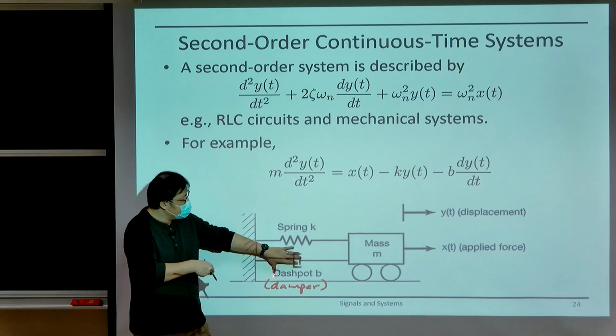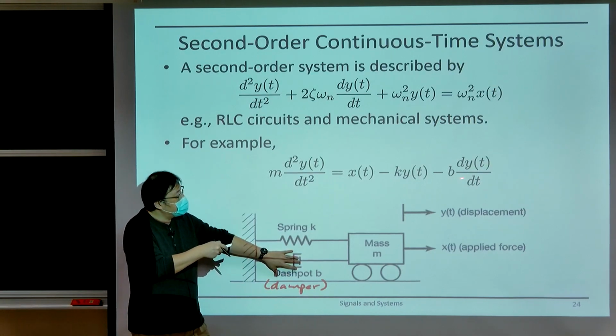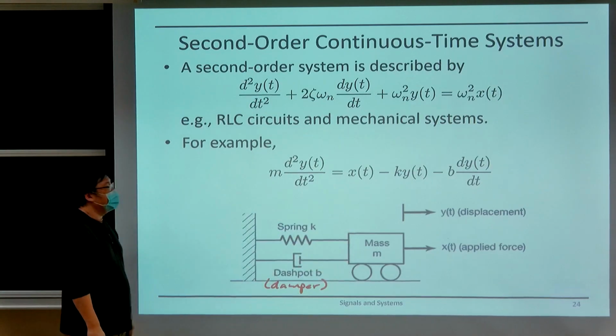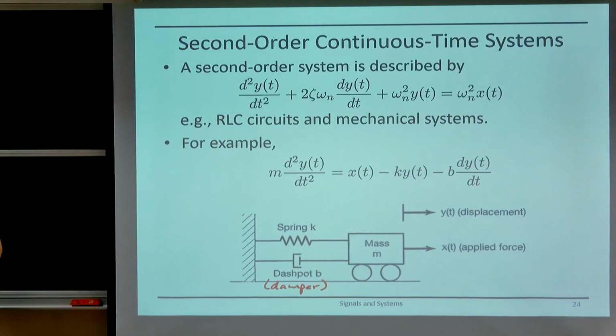So this also applies a force that is proportional to the speed of the object in that direction. So for this mechanical system, you also get a second order differential equation similar to this. This is just an example of where you would encounter such a second order system.